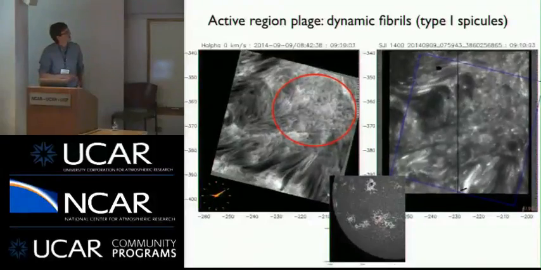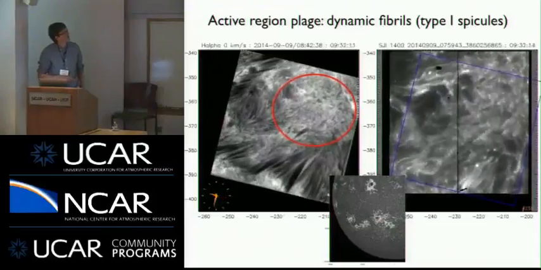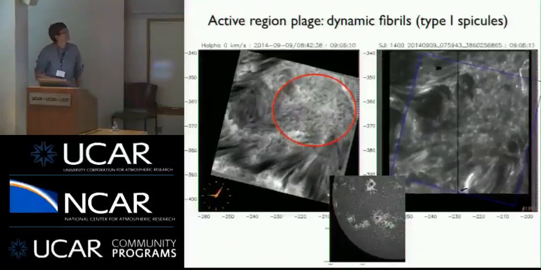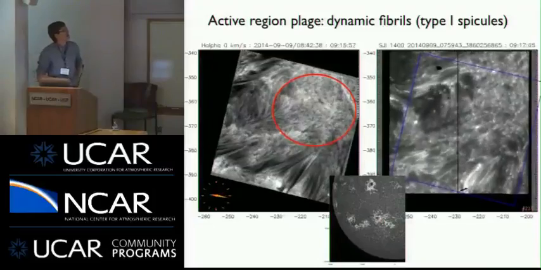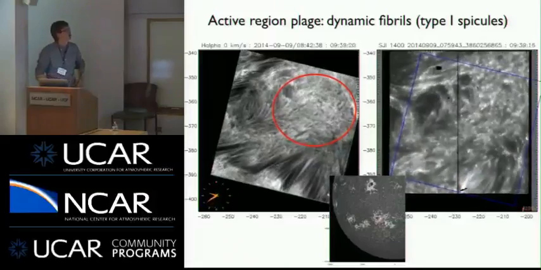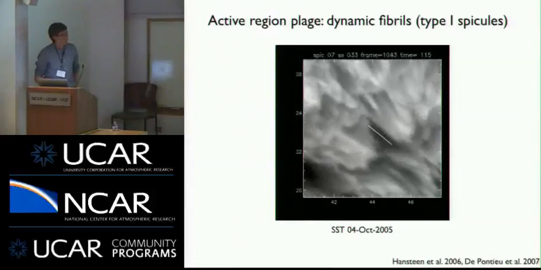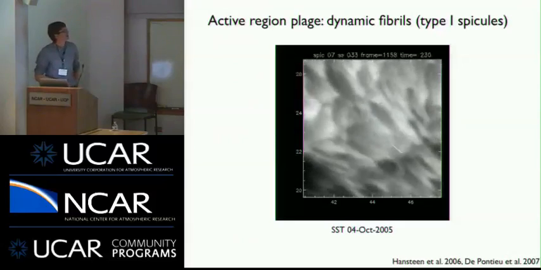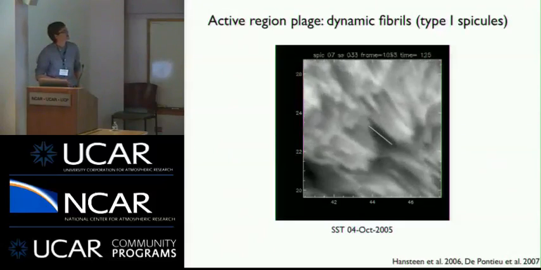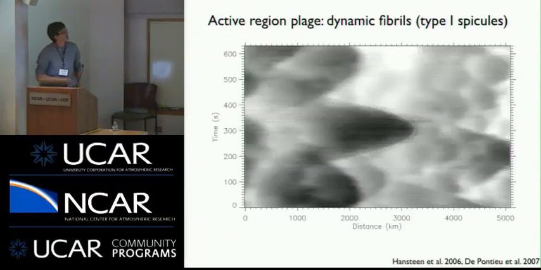So we see the fibrils moving up and down in H-alpha line core, and then we see these bright grains that move more or less in a similar fashion in the silicon 4 slit-jaw data. Remember that the dynamic fibrils move nicely up and down, so we can easily draw a line along the spicule, and then we get a parabolic path.